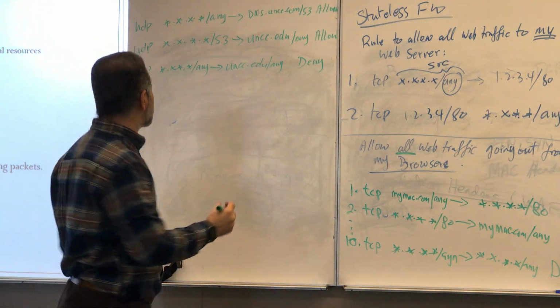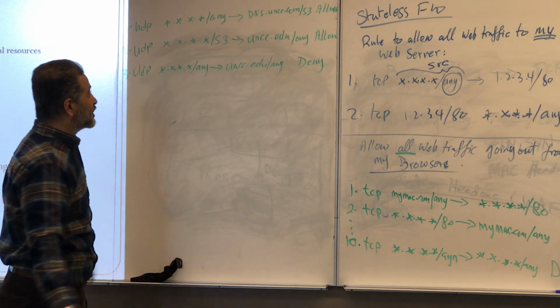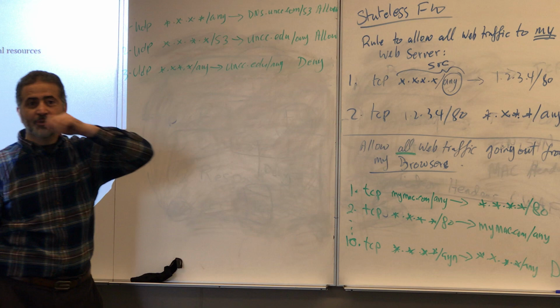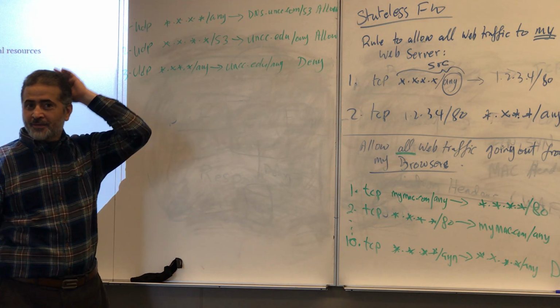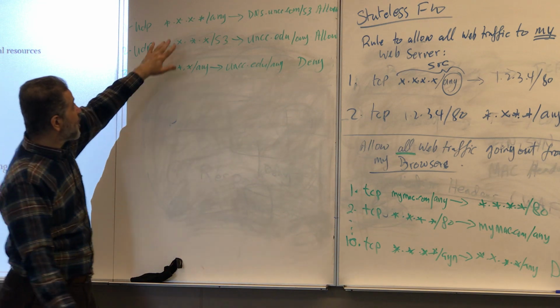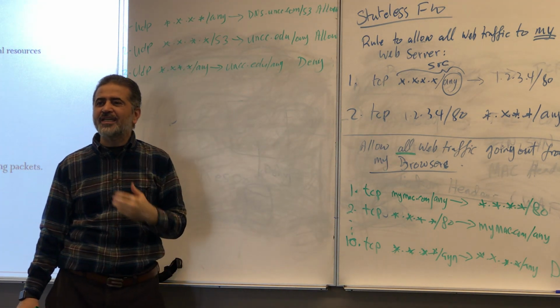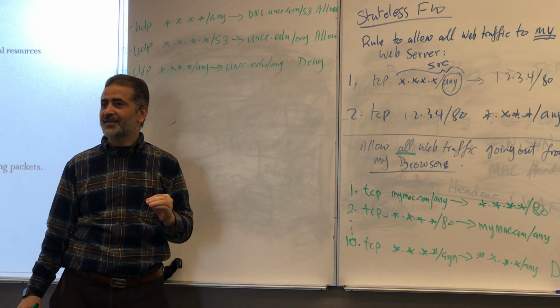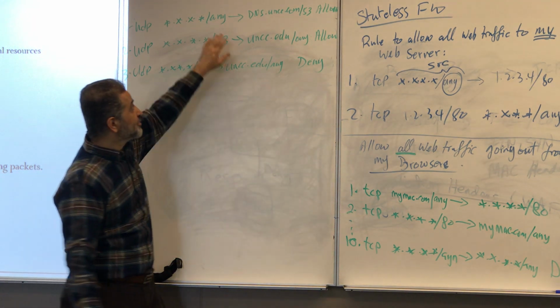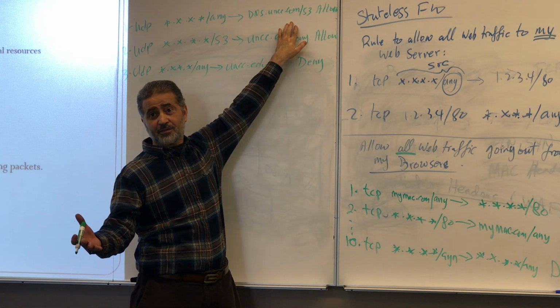In the first rule, second rule, third rule, what's the first rule supposed to do? You're sending all traffic to the DNS server. Allow. Yeah. Any DNS request, because whoever comes to your DNS server is the requester.